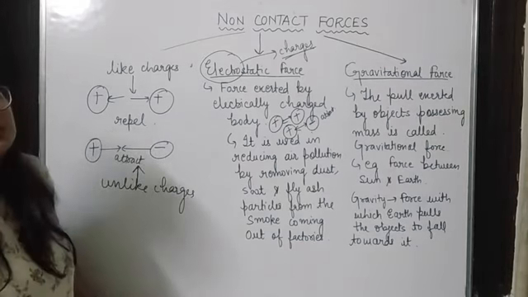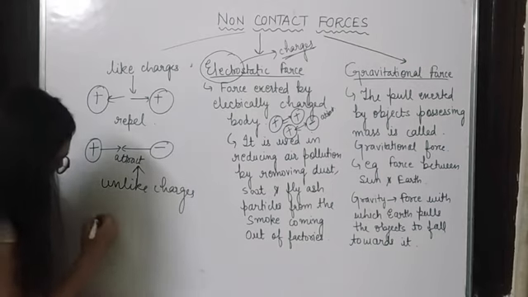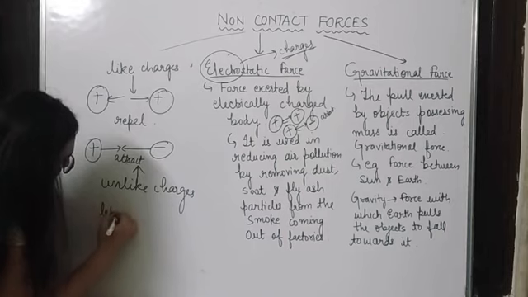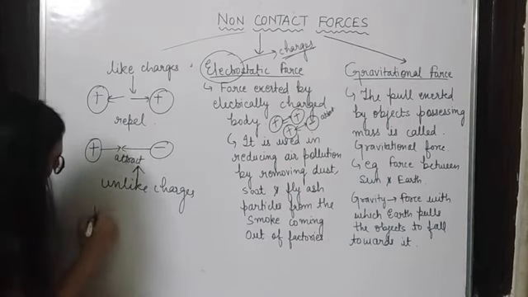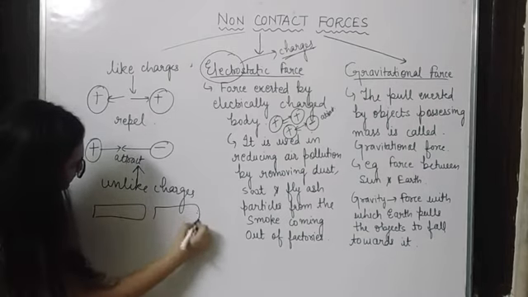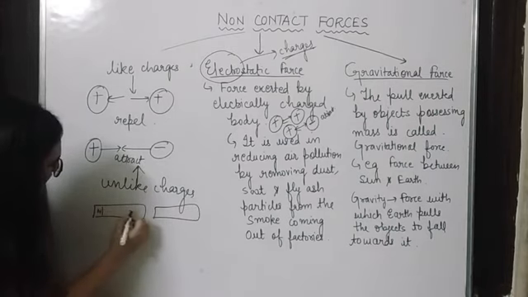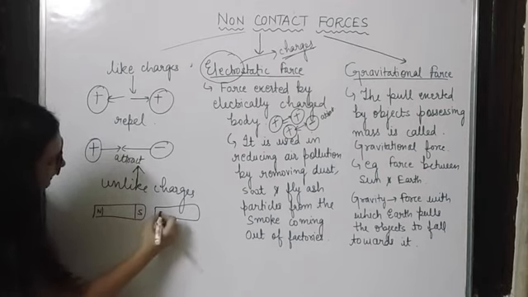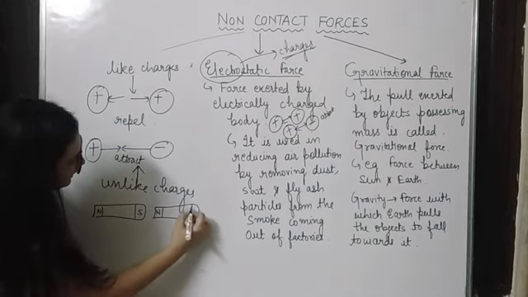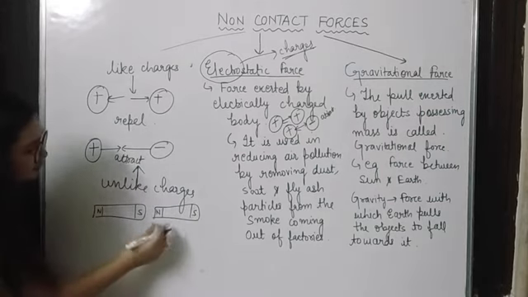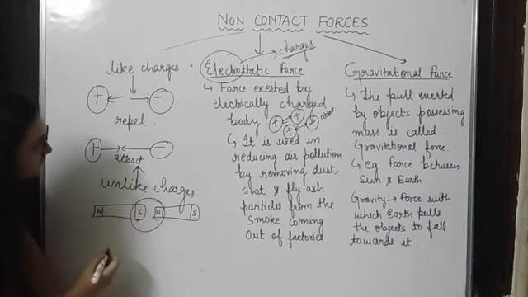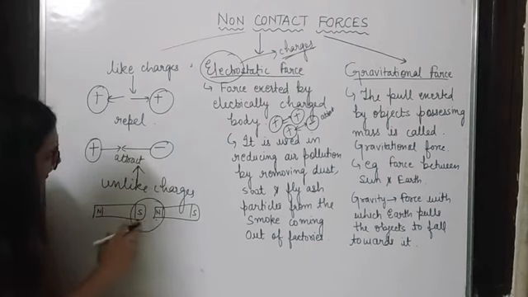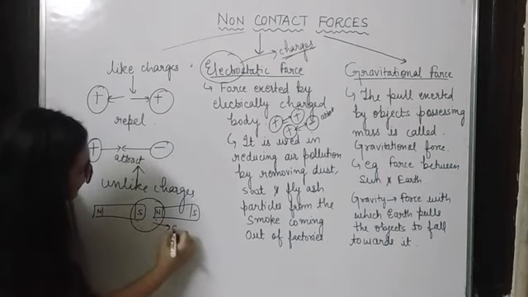Similarly, this happens with magnets also. The like poles of the magnet, for example, here you have two magnets. This is the north pole of the magnet and this is the south pole of the magnet, and this is the north pole and this is the south pole. So if you bring two magnets together, this north and south are unlike poles, so they will attract.